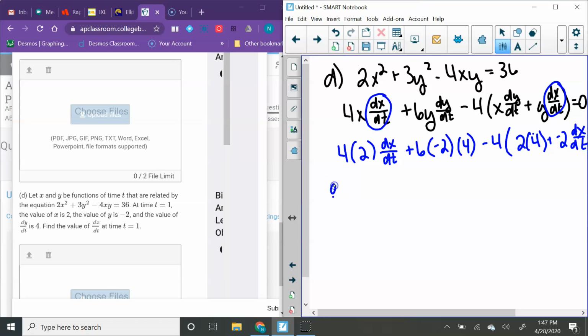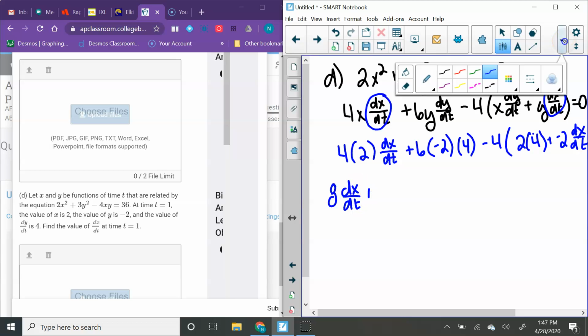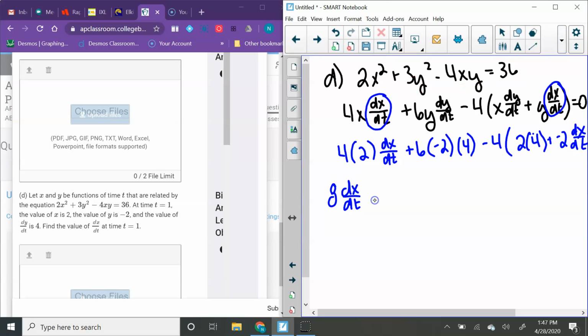So you got 8 dx/dt, and it's going to be a minus, so you'll have -48 right there, minus 4 times 8 minus 2 dx/dt equals 0.